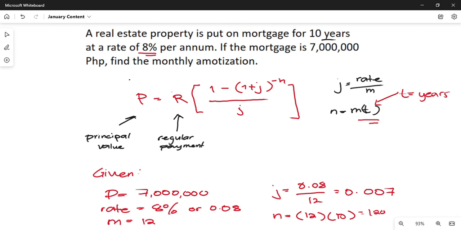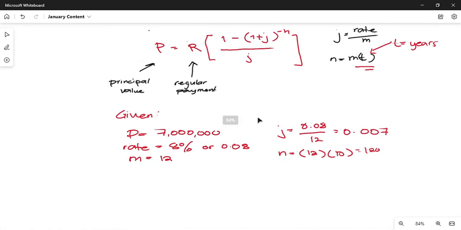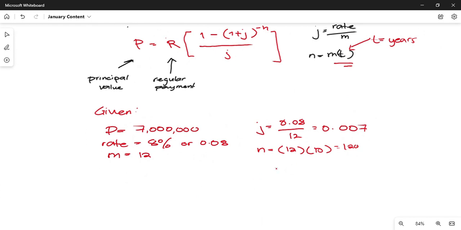Now all we have to do is plug the values in our formula. Then we will have the solution. We have P equals 7 million, equal to R. This is what we're looking for.